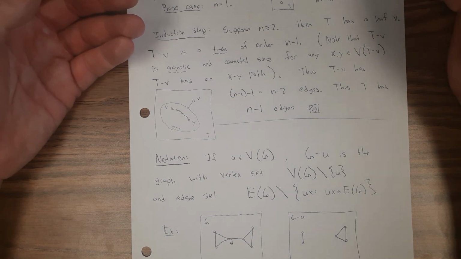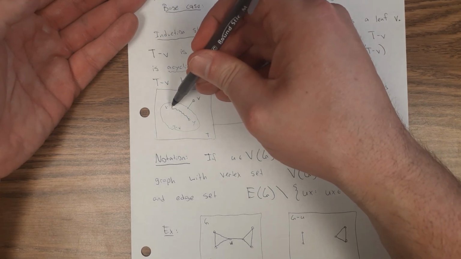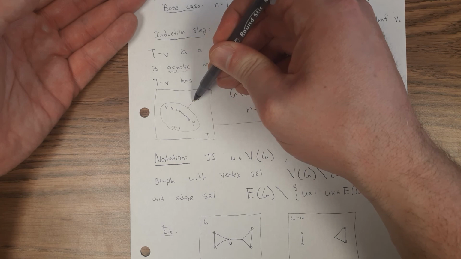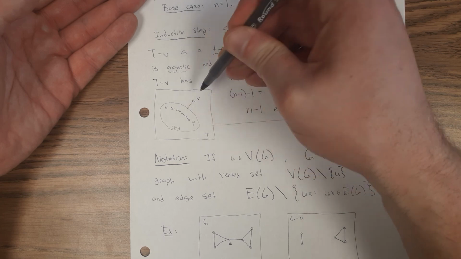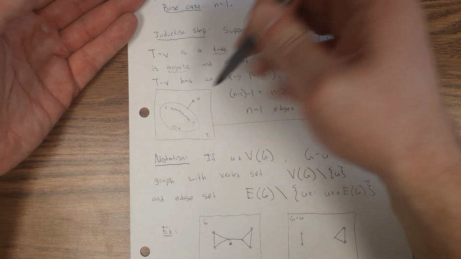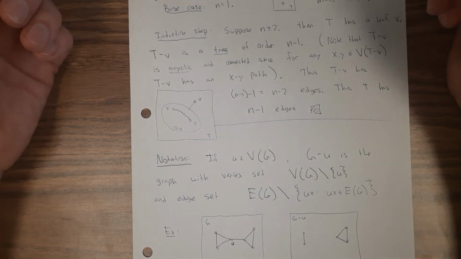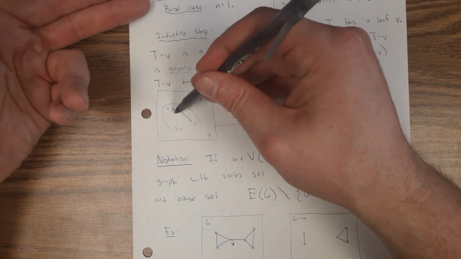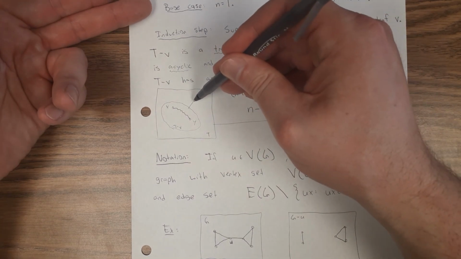But it doesn't, because the only danger is that this XY path could somehow go through V. If it went through V, then I would have a problem when I removed V. Then that path wouldn't be there anymore. But it can't go through V because V has degree only 1.